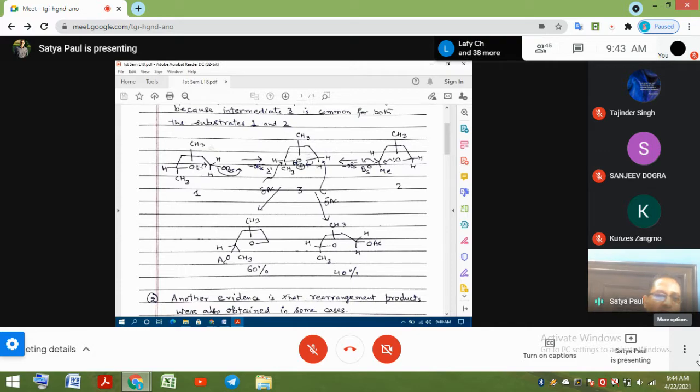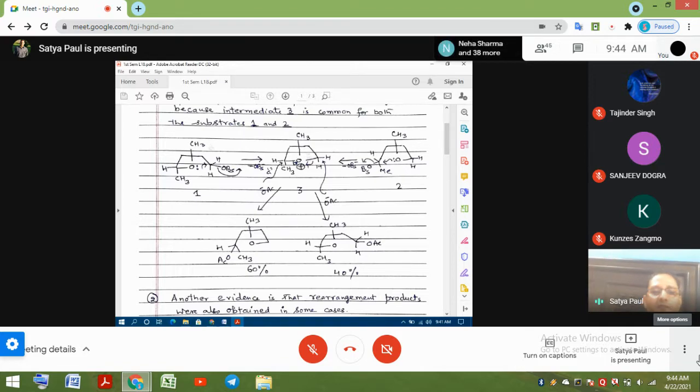So this lone pair on oxygen attacks on carbon, this goes away, and we get this intermediate. And when this oxygen attacks on this carbon, this will go and we will get this intermediate. So you can see the same intermediate is formed either from 1 or from 2.